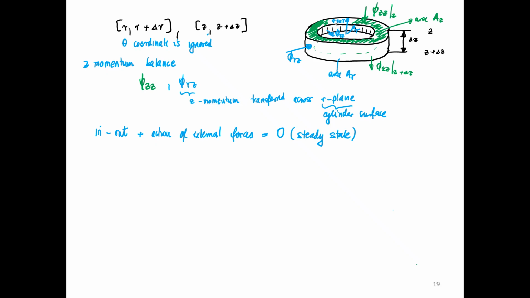So on the top surface, I have phi ZZ evaluated at Z, times area AZ, also evaluated at Z. These areas could change, but I'm just going to call it AZ.